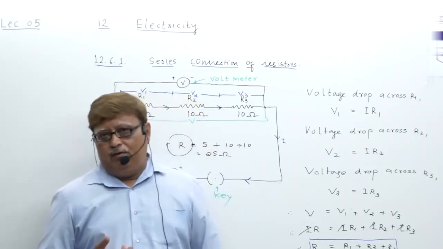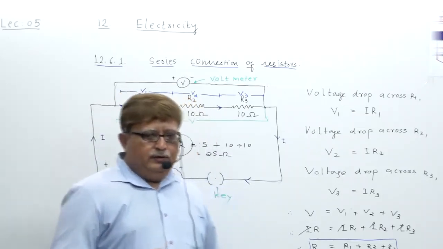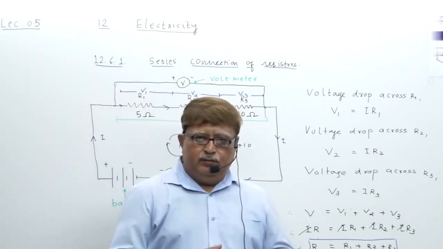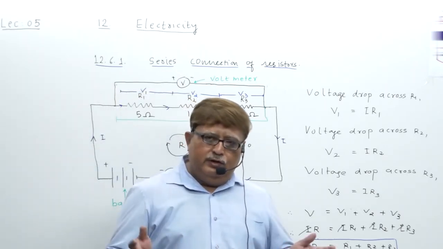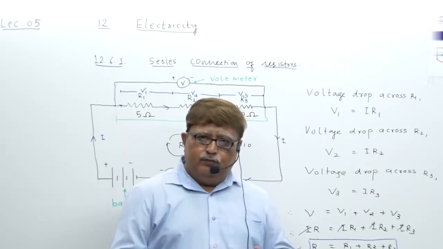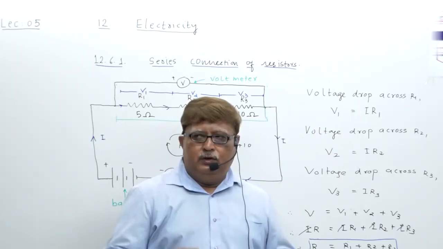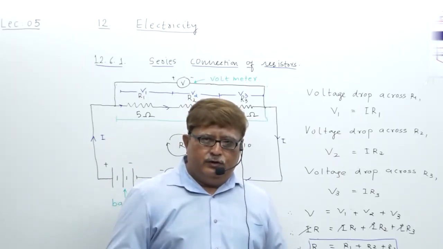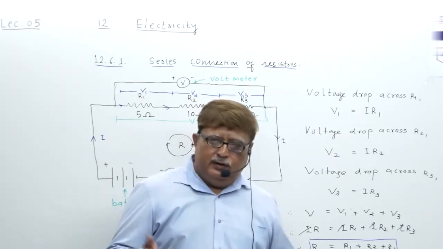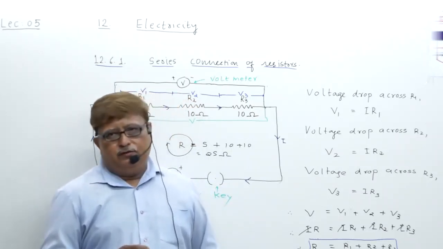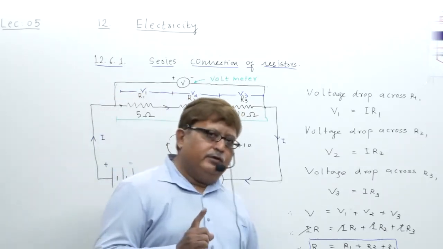Is it happening in your home? Does it happen that one tube light has expired, and that means all devices in your home stop working? No, it never happens in our home that one device stops working and others do not work; others work efficiently, because there is parallel connection, no series connection.